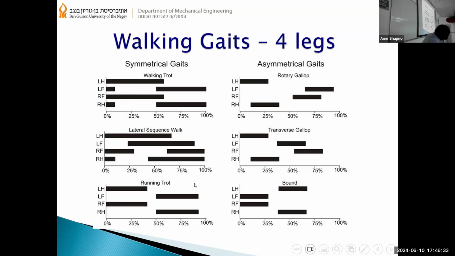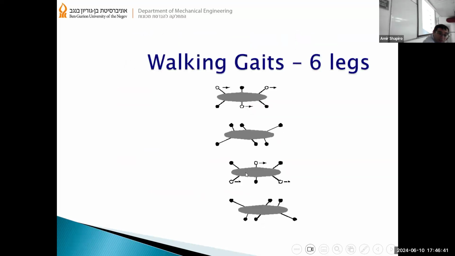You can see different types of patterns of motion. And this is for 6 legs, so it's a little different. This is a gait where 3 legs are touching the ground and 3 are in the air, and then they change.